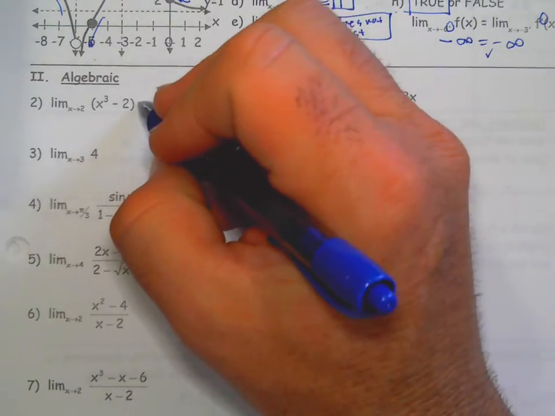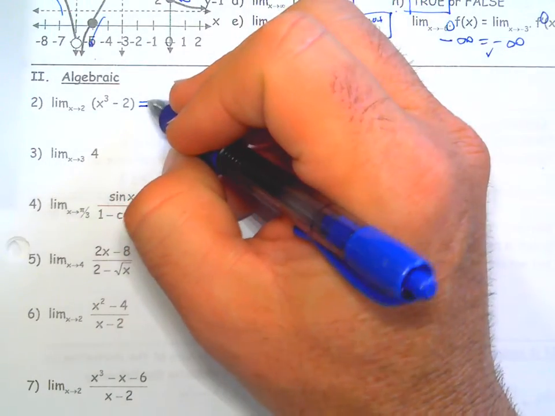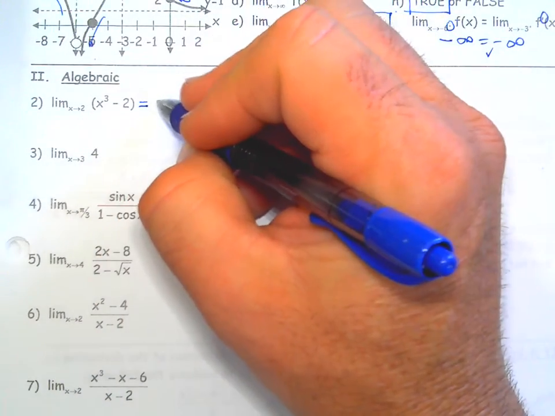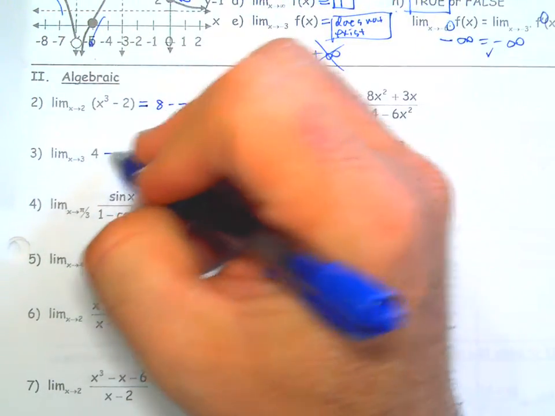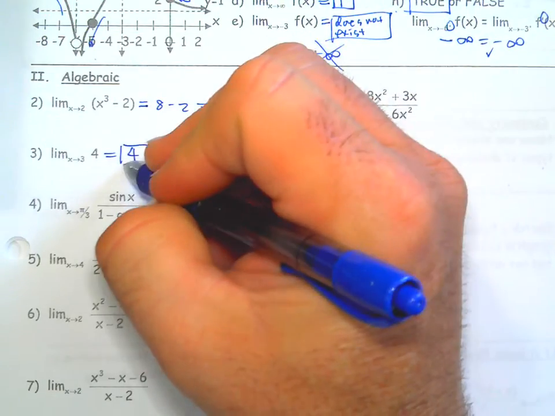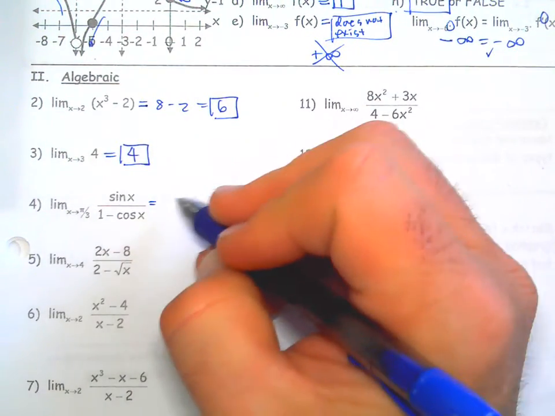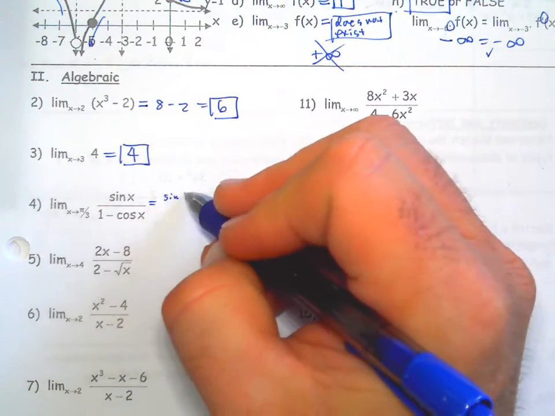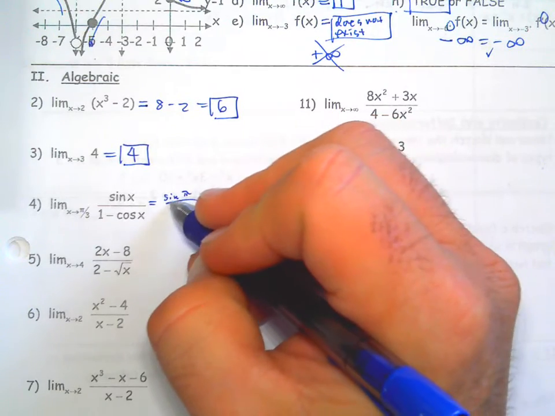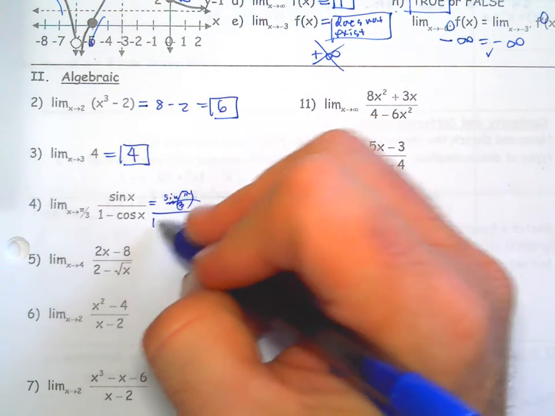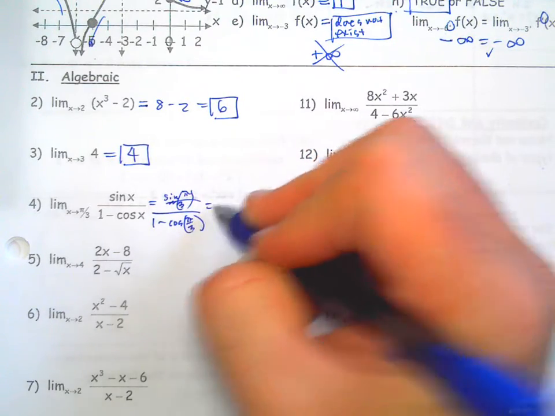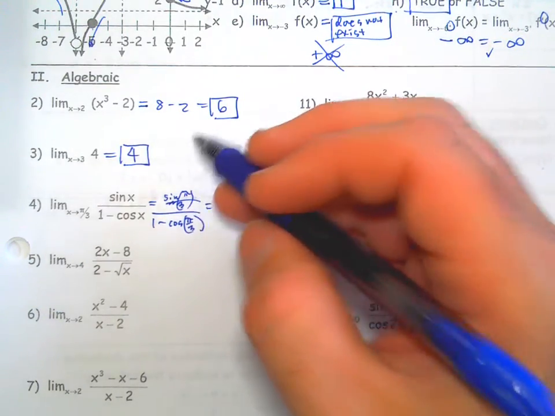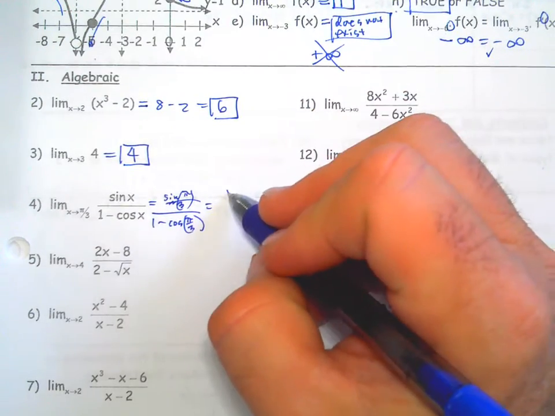We always just plug the numbers in first. 2 cubed is 8, minus 2 is 6. No issues there. Number 3, it's just going to be 4 no matter what. Number 4, sine of pi over 3 over 1 minus cosine of pi over 3.